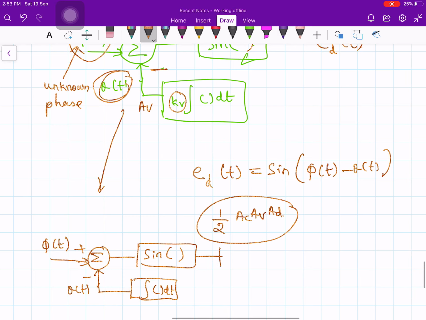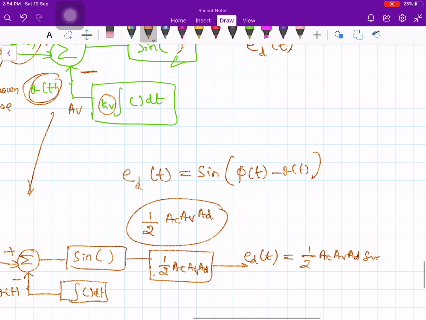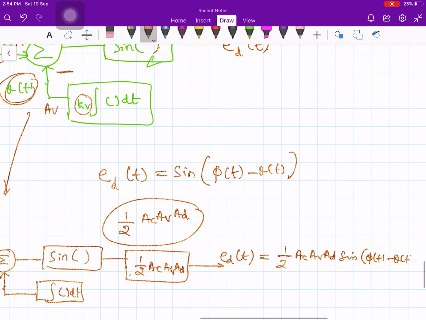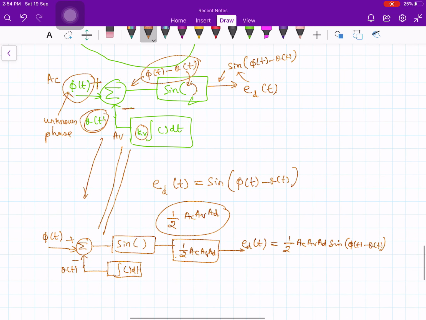Then you put the 1 by 2 AC, AV and KD. So this is my ED of t. Therefore my ED of t is equal to 1 by 2 AC, AV, KD sine of phi of t minus theta of t. So this circuit becomes like this.